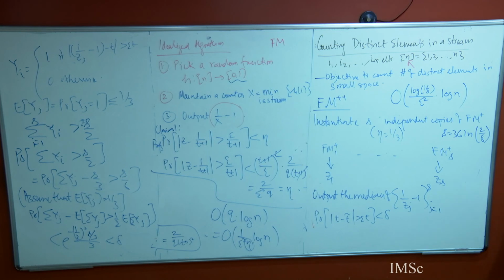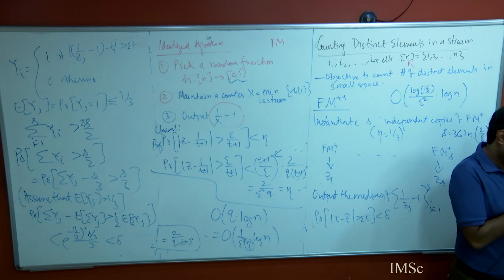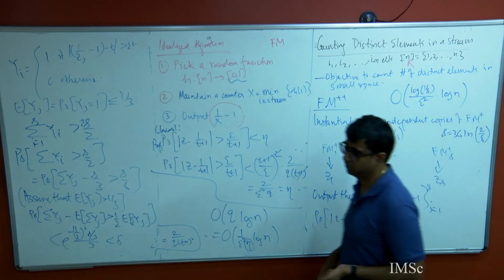Another way to see it is that in many cases, Fm plus is like, I want a 1 plus epsilon approximation, I'm first getting a constant factor approximation, and from there I'm boosting it to a 1 plus epsilon approximation. So if someone had already given me a constant factor approximation, then probably I can avoid this step and run on that and achieve whatever I wanted to do. So these are the small things that we need to remember from this. That's it. Okay.